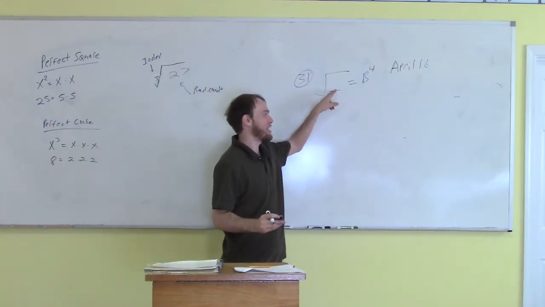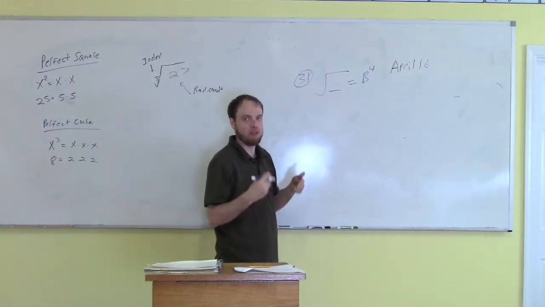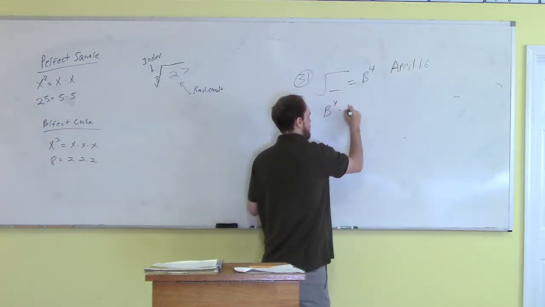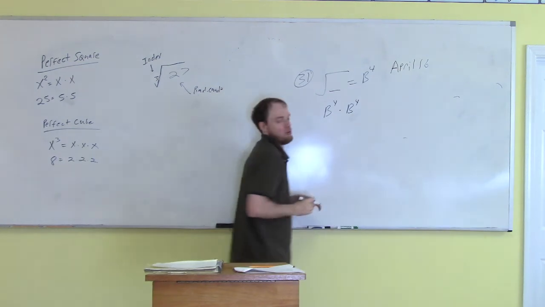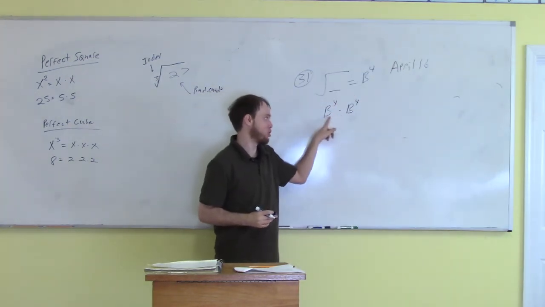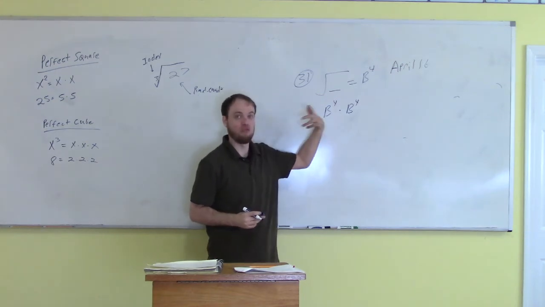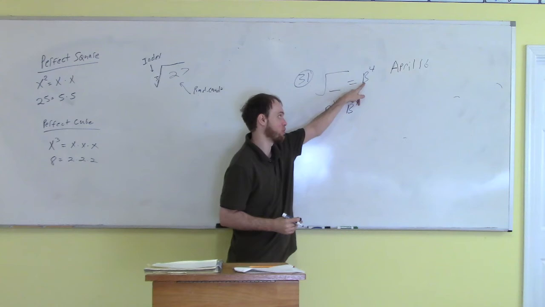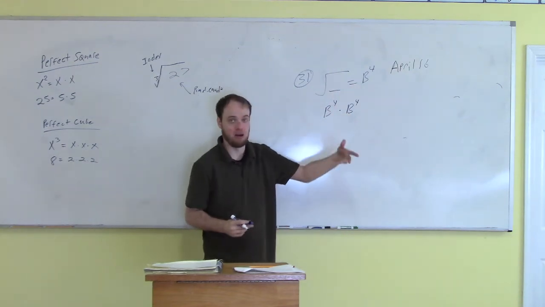The radicand is just going to be b to the fourth times b to the fourth. Remember, the root is the actual thing that's multiplied by itself. So b to the fourth becomes your root because that's what we're multiplying by itself.